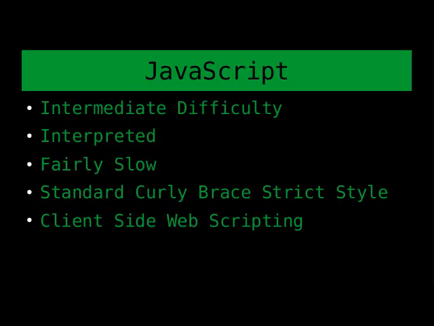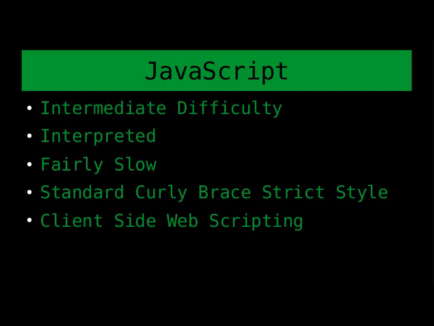So next up, JavaScript. It's kind of on the easier side of intermediate difficulty. Actually, that's not correct here. I have it down here as strict style, but it's the script style. It's going to be a scripted style language. It's interpreted. It usually runs in web browsers.